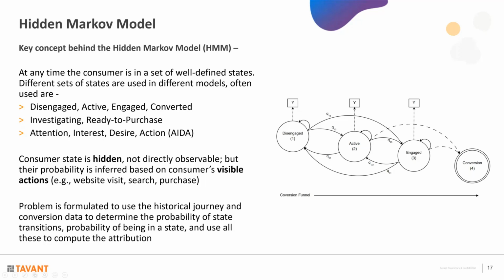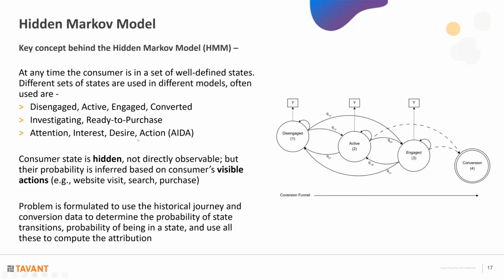The various states that this model uses can be different based on how you want to model it. And so various different ways of modeling it include states such as this set of states, which is disengaged, active, engaged, and converted, which I've shown in the chart over here. Some of them keep it much simpler by keeping only 2 states other than conversion, which is investigating and ready to purchase.